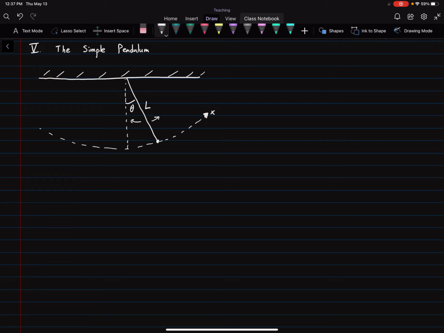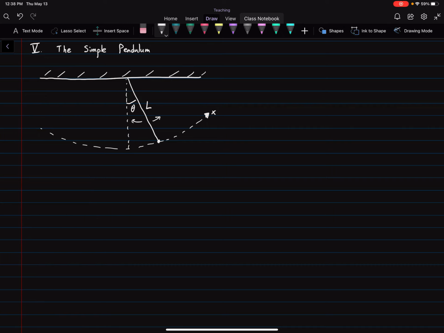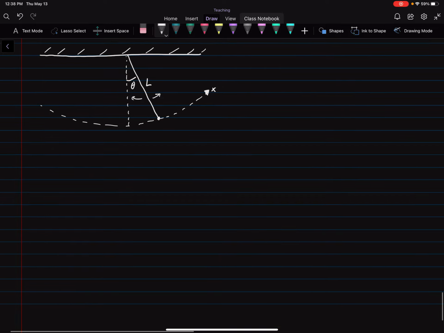So looking at this figure, you can see that the displacement of the swinging pendulum is not a straight line like I mentioned. It's a curved path. And more specifically, because this length is staying the same, and the point that it's attached is staying the same, it's arc length of a circle, and the radius of that circle would be L. So if you remember, arc length is defined as s equals r theta.